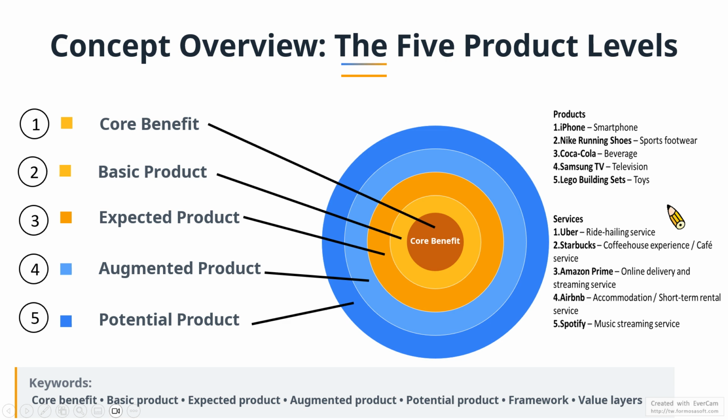It's different from the products. For the service, maybe it has 5 levels. Like Uber, what is its core benefit? Starbucks, Amazon Prime, Airbnb, Spotify.